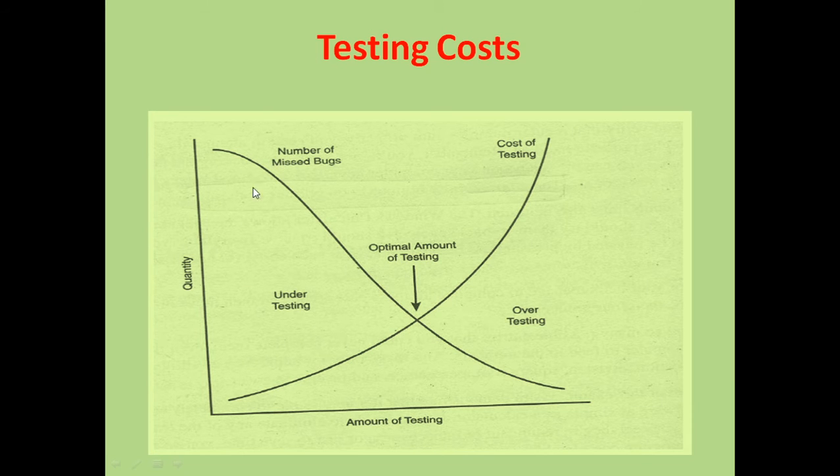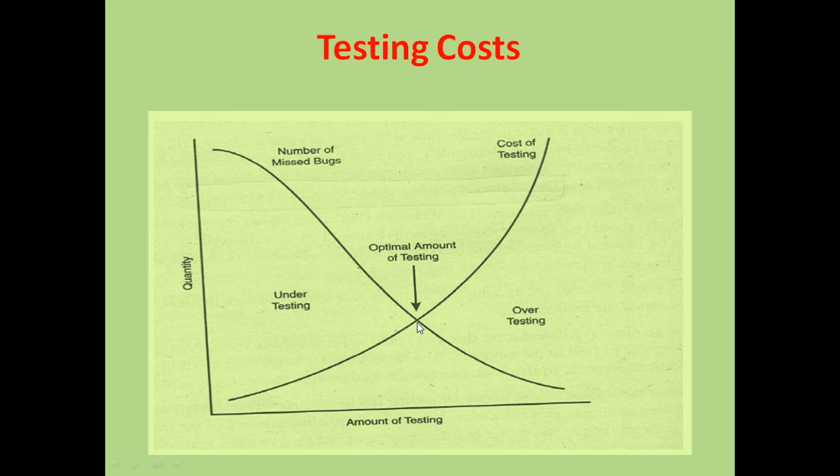When we are talking about the cost, the cost of testing keeps increasing with time, while the number of bugs decreases. The optimal amount of testing is the one where the cost curve and the number of bugs meet at this particular point.